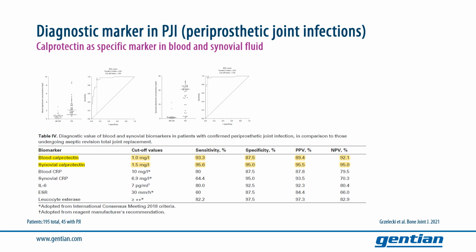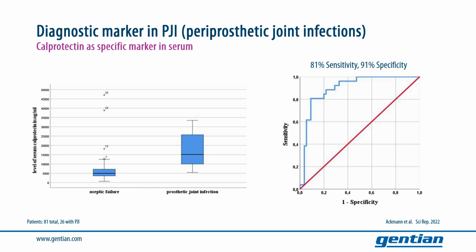Here you can see that the cutoff of blood calprotectin with 1 mg per liter was lower than for synovial fluid with 1.5 mg per liter, but with very similar performance. They also showed that calprotectin had a higher diagnostic performance compared to other inflammation markers.